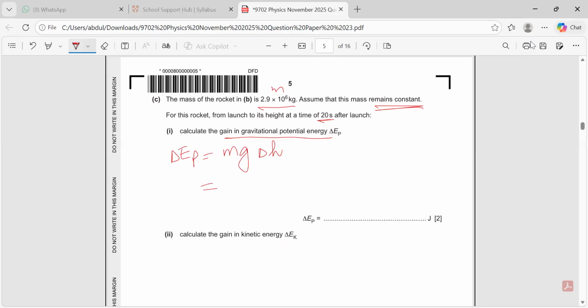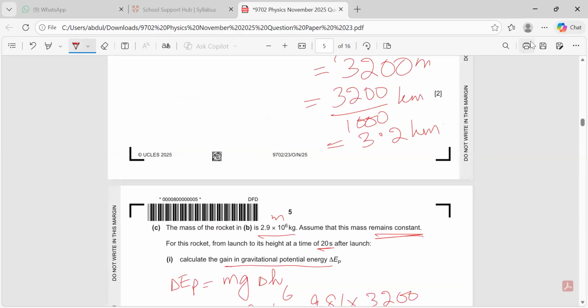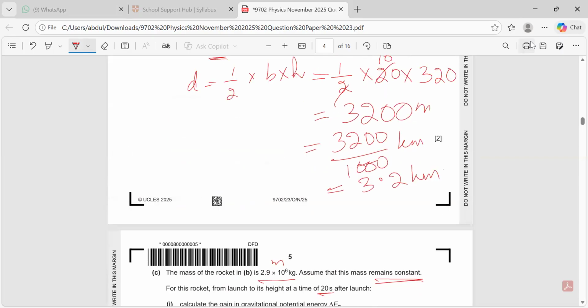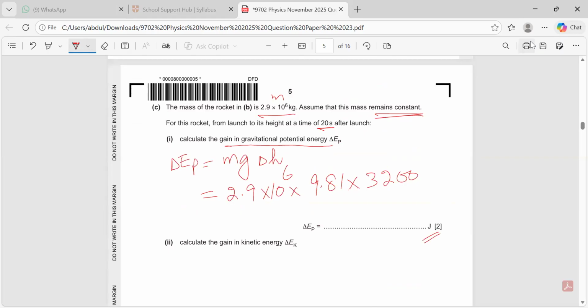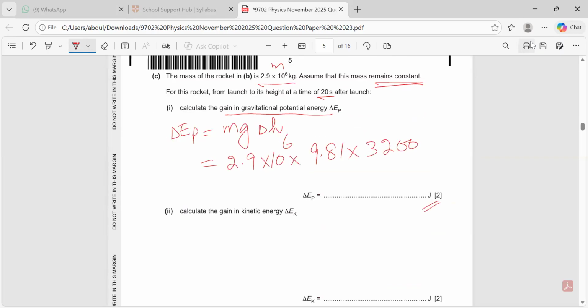The mass is 2.9 times 10 raised to power 6, then g as usual 9.81, and the change in height is 3200 meters. As the answer is in joules, the system international unit, we are not going to use 3.2 kilometers; we are going to use simply 3200 meters. As we simplify this, the answer is 9.1 times 10 raised to the power of 10 joules.